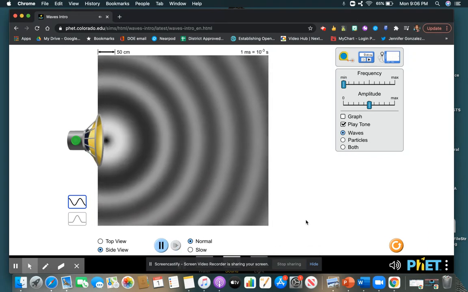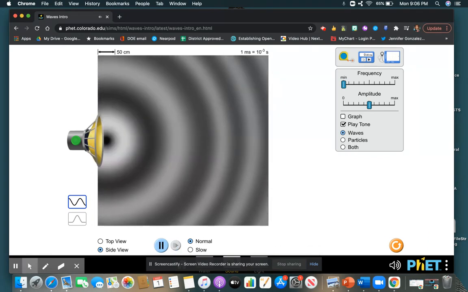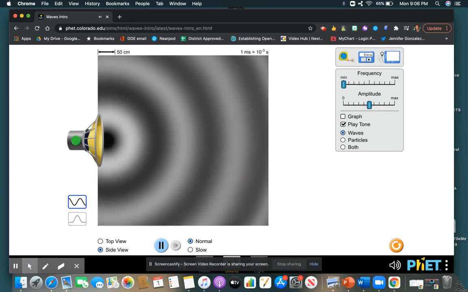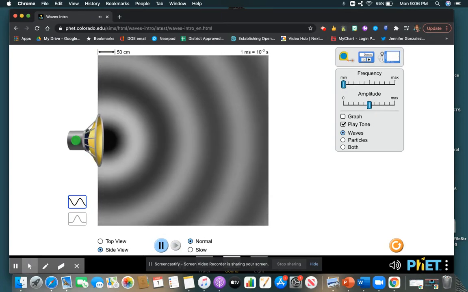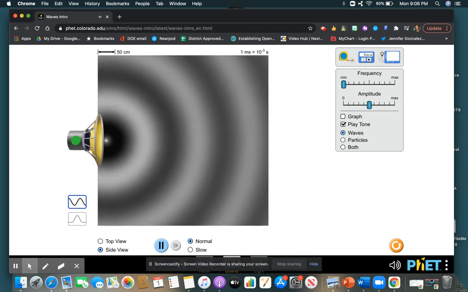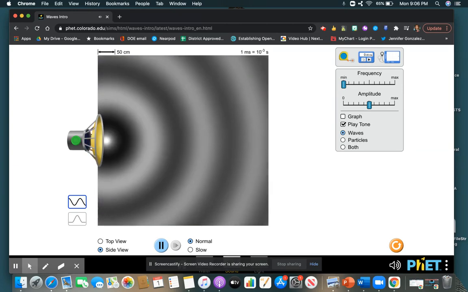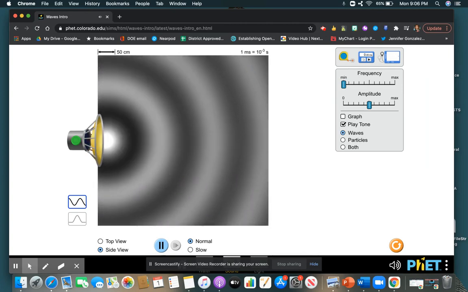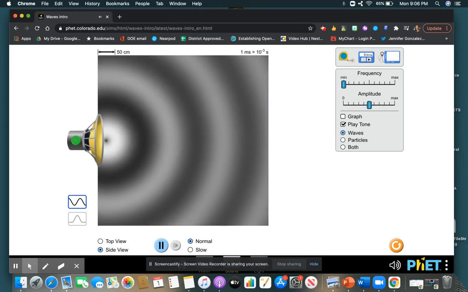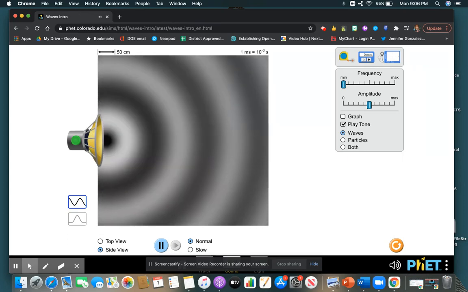So scientists, I know you already know that frequency is the amount of waves that come in a certain period of time. So we could also think of it as how fast the waves are coming, right? If there are lots of waves coming in a certain period of time, they're coming very quickly. In sound, it's a little bit different because you can't see sound, right?